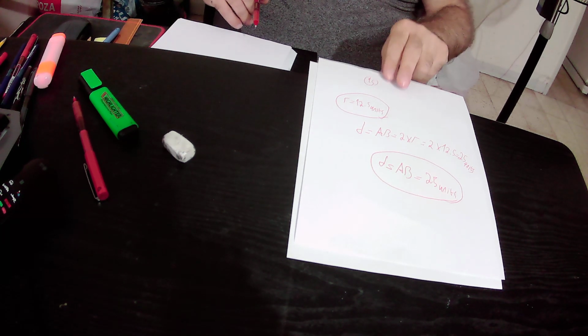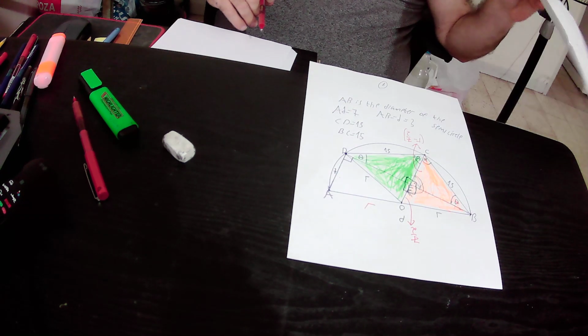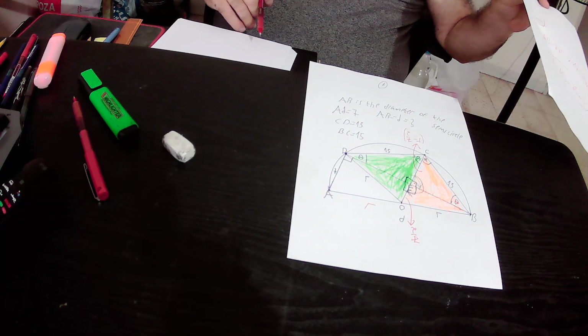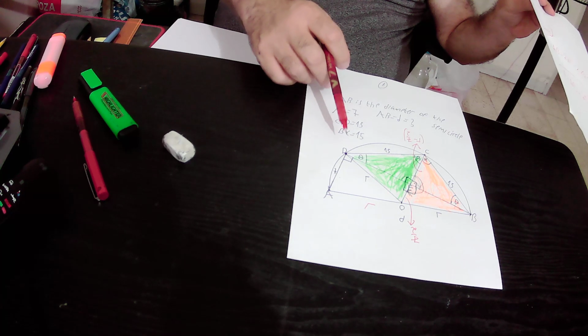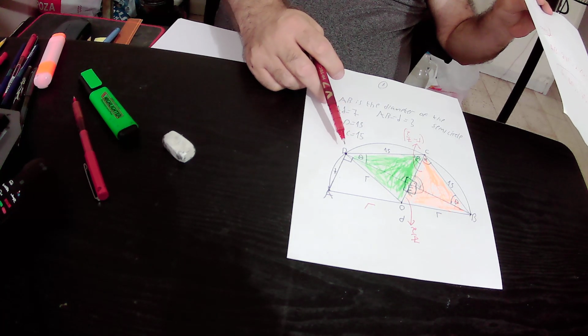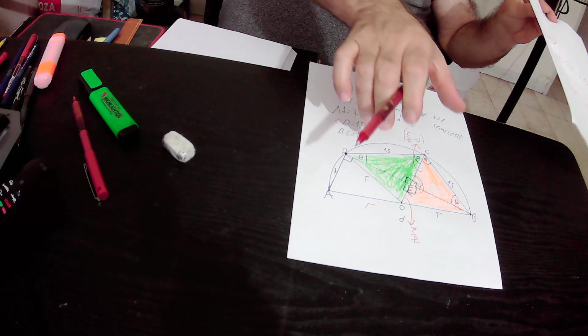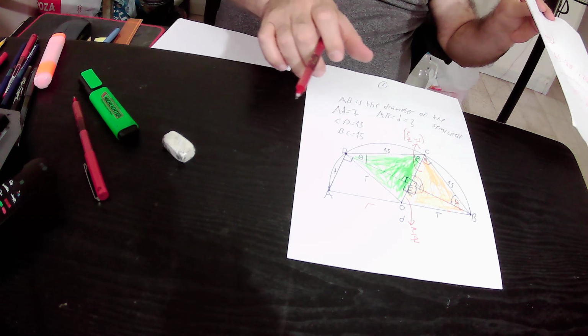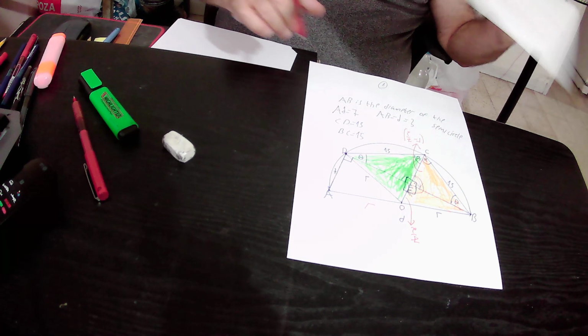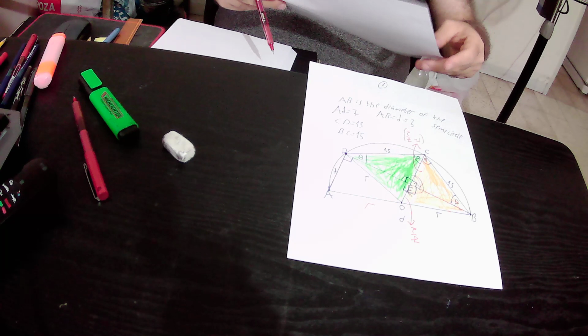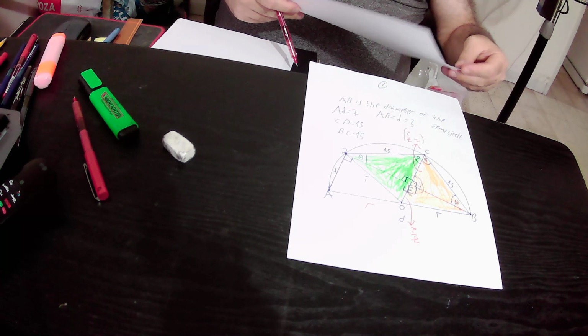So the diameter of this semicircle equals 25 units, and this is actually the answer to the question.